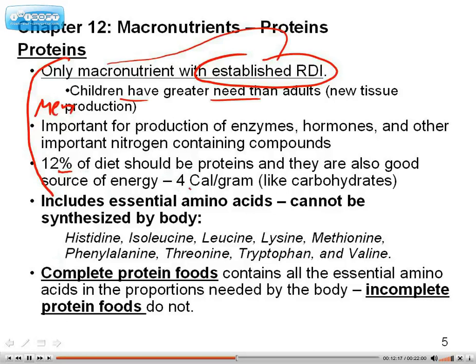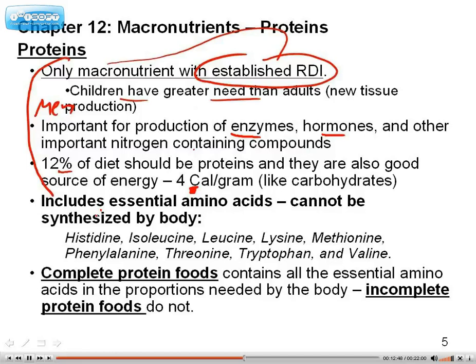We've already talked about this. Notice it's a capital C, so little c would be a kcal, 4,000 calories per gram. Although it's broken down for energy, it's the main source of building blocks for our most important structures, such as enzymes, hormones. So your heart muscles, your immune system is all based on the building blocks using proteins.